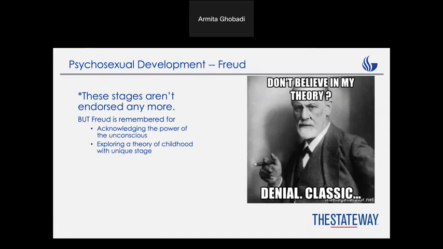For example, here you can see for infants, the challenge is trust versus mistrust. However, for toddlers, the main question is autonomy versus shame and doubt. And you can see everything gets more complex as we go forward and grow up.